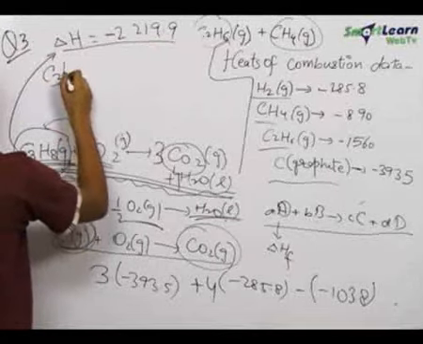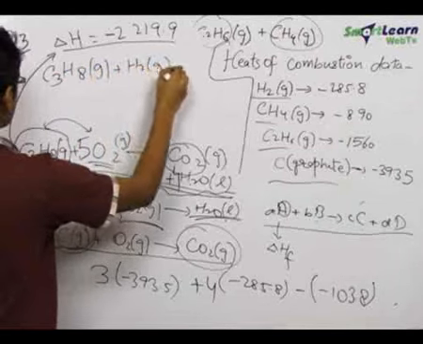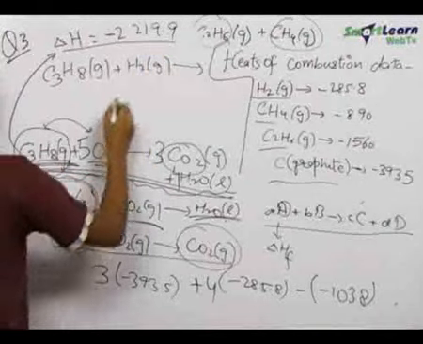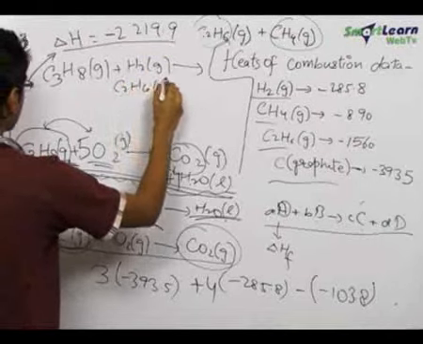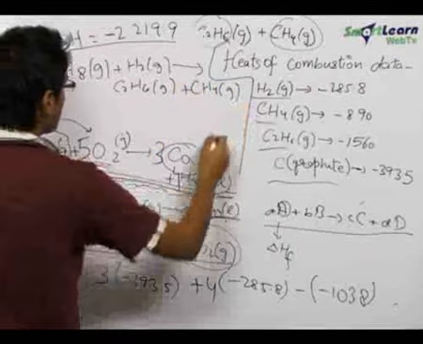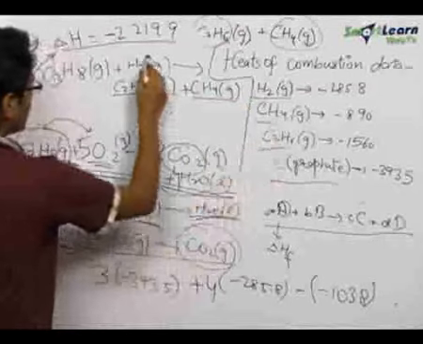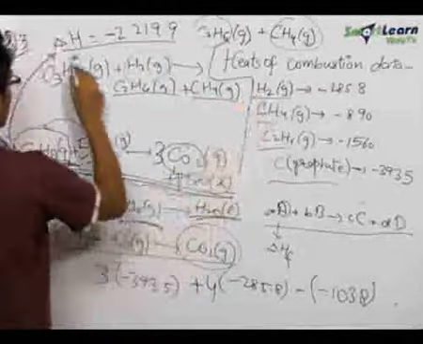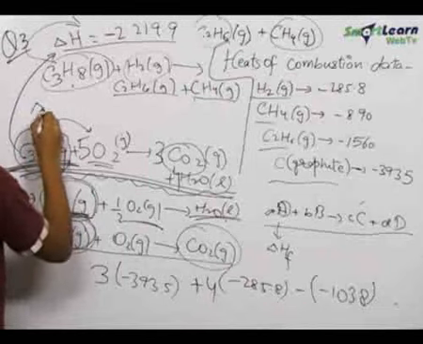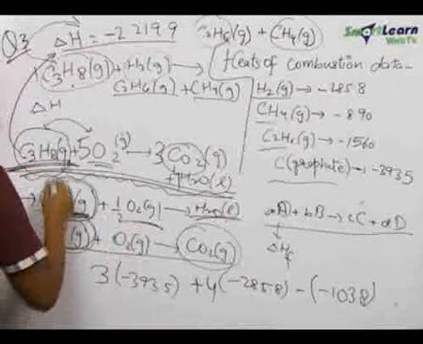Now rewriting the same equation again, we get C3H8 gas plus hydrogen gas, which was the earlier equation, giving C2H6 gas plus CH4 gas. Now we have the heat of combustion of CH4, the heat of combustion of C2H6, the heat of combustion of hydrogen, and the heat of combustion of C3H8, which we obtained as minus 2219.9. Hence, the stoichiometric coefficients are all 1.